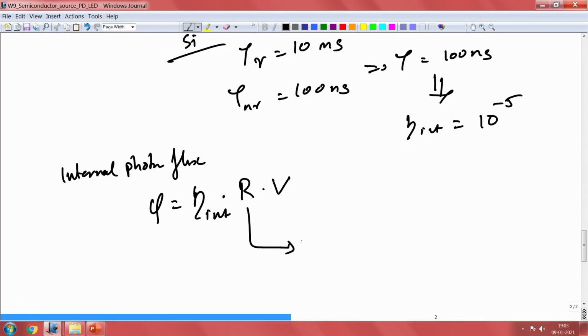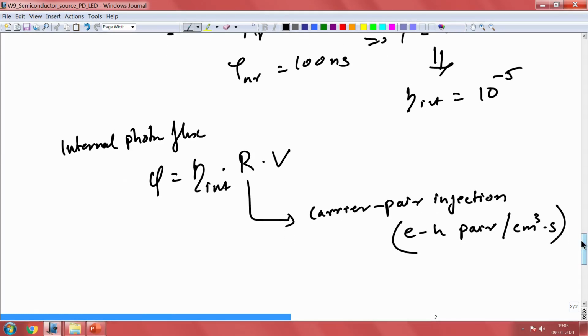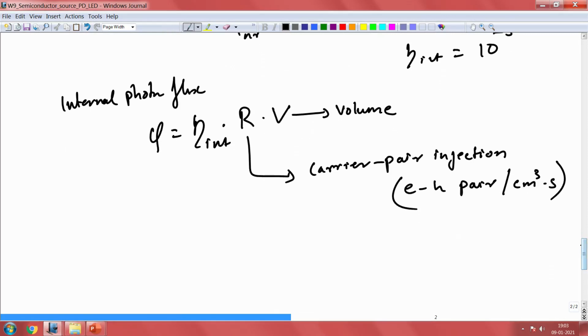R is our carrier pair injection. So, how much injection we have, or in other terms electron hole pairs per centimeter cube per second, right. So, this is what this injection is, and V is the volume, material volume, how large the material volume is.